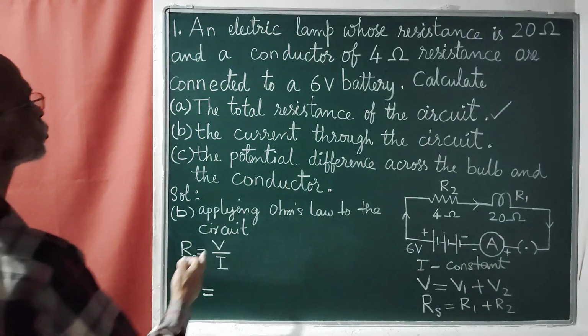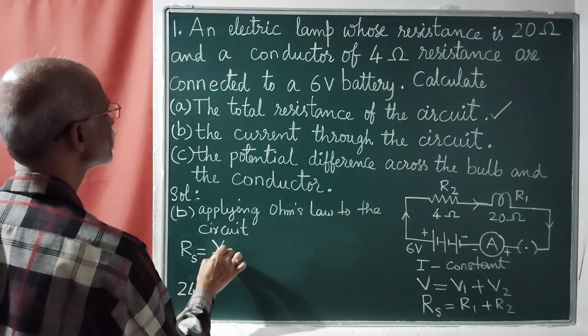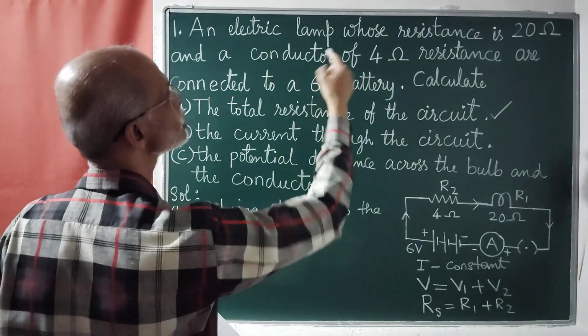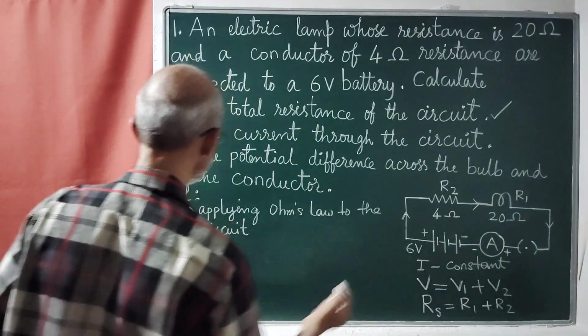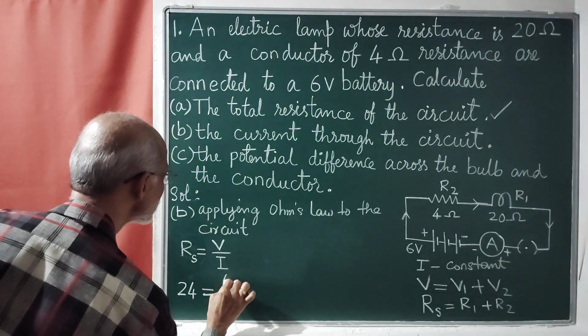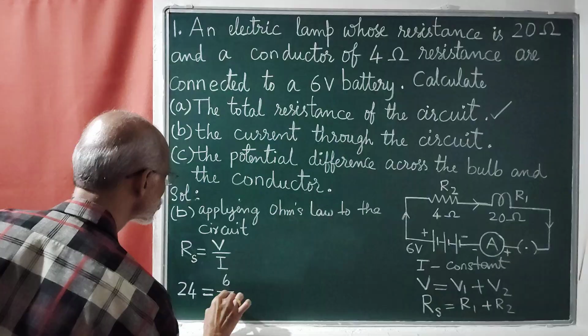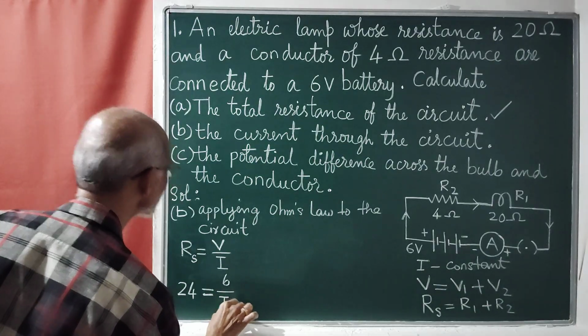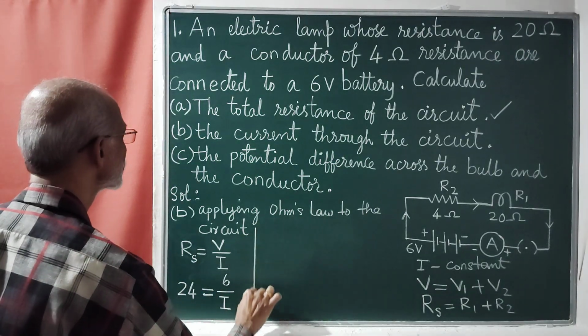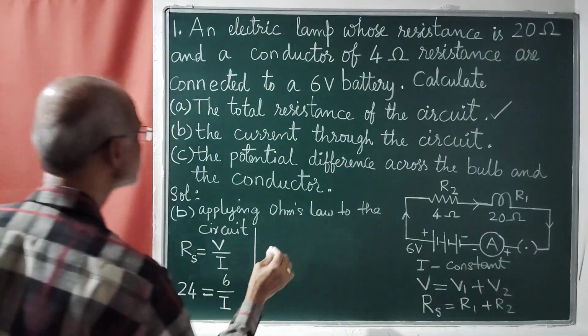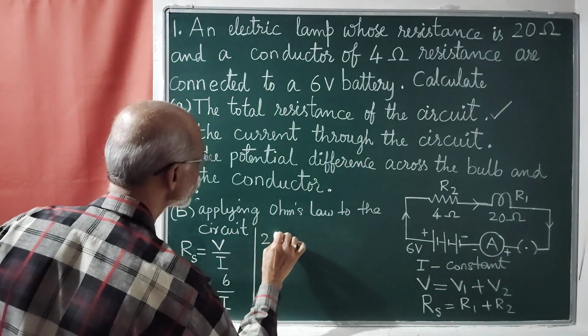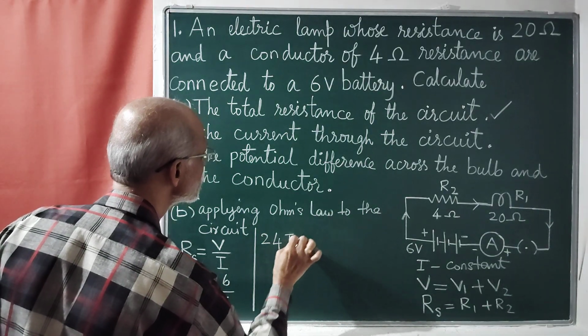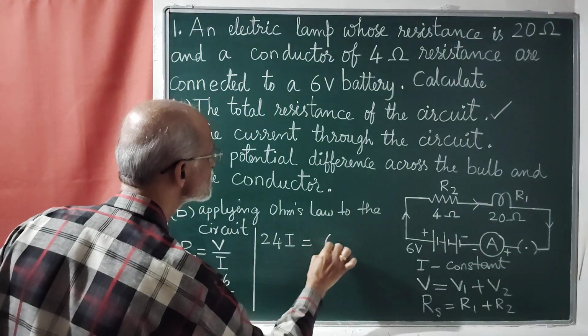The total voltage we have is the 6 volt battery, and we have to calculate the current throughout the circuit, so Rs equals 6 by I. If you cross multiply, 24I will be equal to 6.